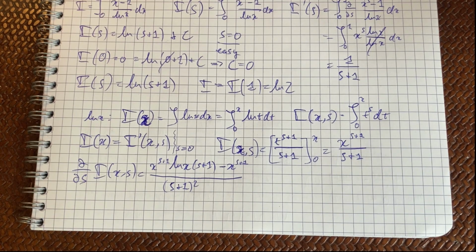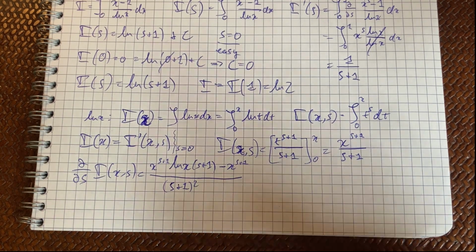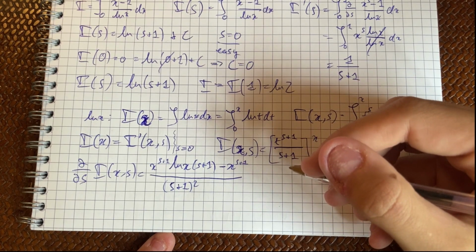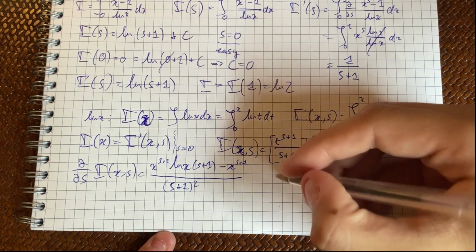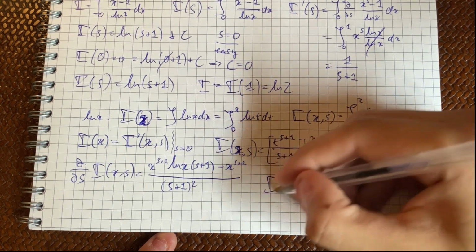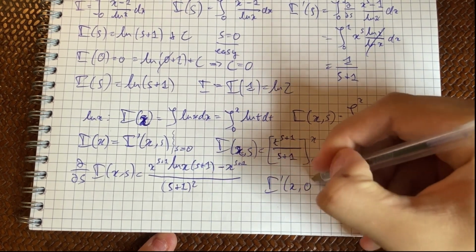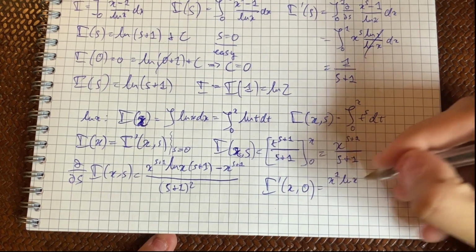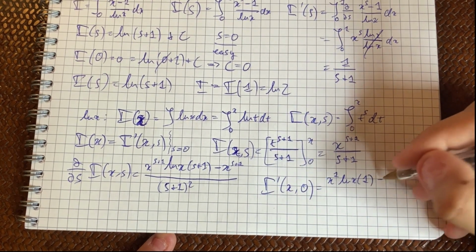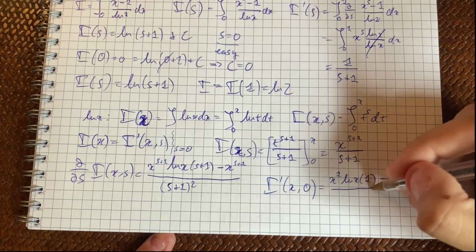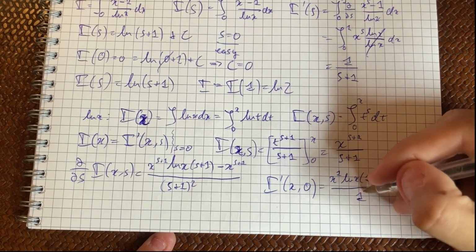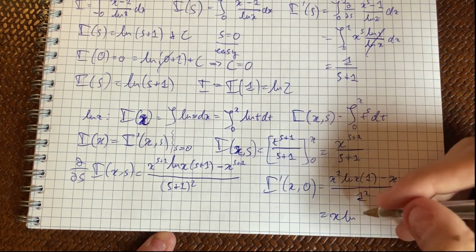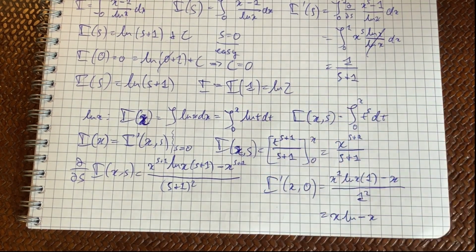So letting s equal 0 gives us x to the first power log x times 1 minus x, divided by 1 squared, which is x log x minus x.